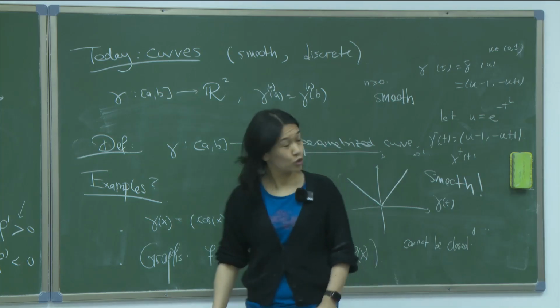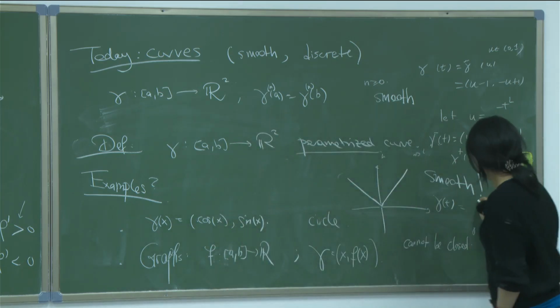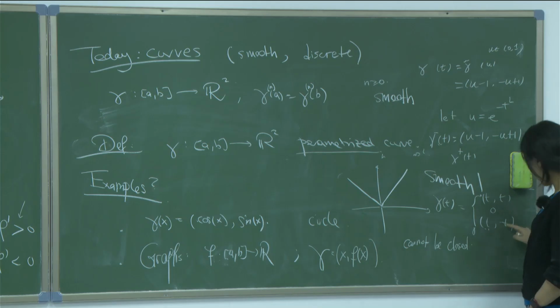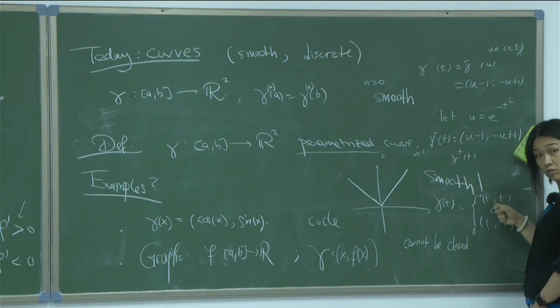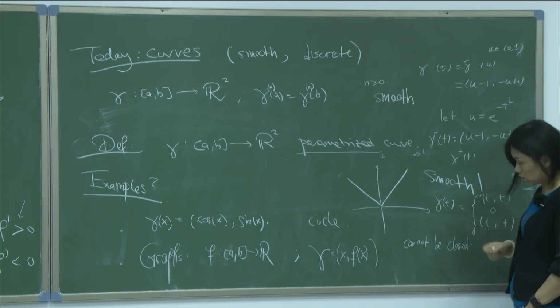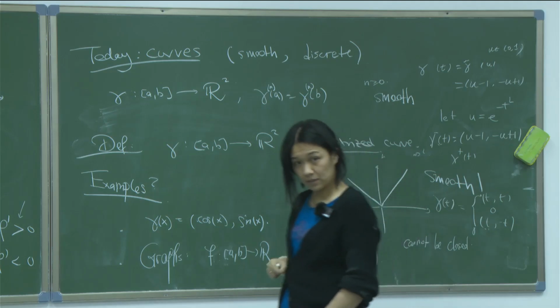No, it's not. The problem is if you differentiate that at 0, it's 1 and minus 1, so it's not smooth.